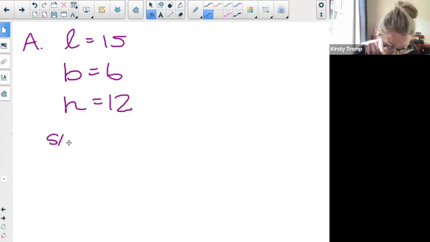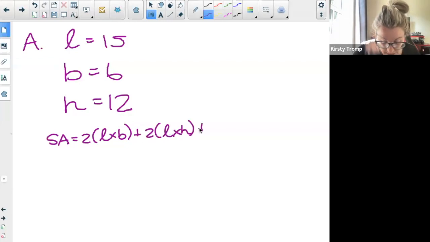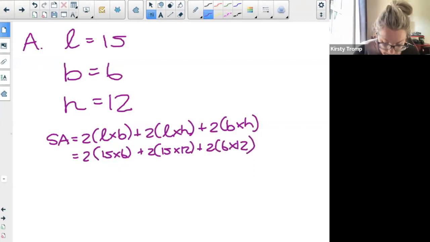Then we're going to have surface area equals 2 length times breadth plus 2 length times height plus 2 breadth times height. We're going to put the numbers in, or I'm going to help you out. 2, 15 times 6 plus 2, 15 times 12 plus 2, 6 times 12.